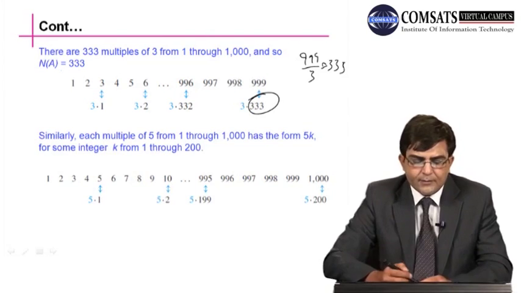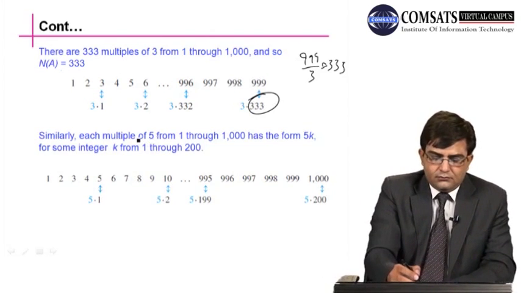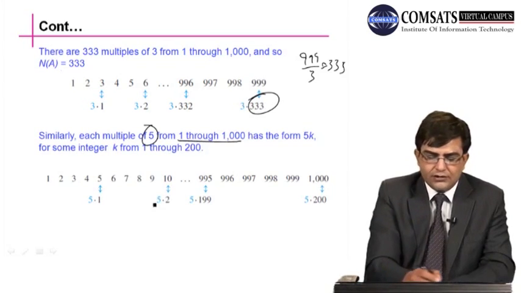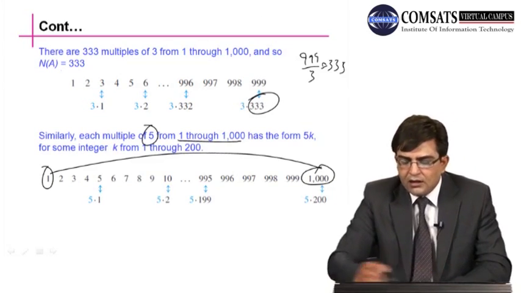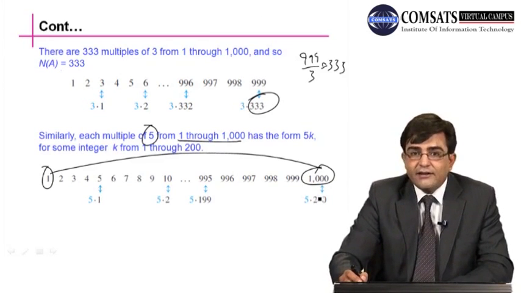Similarly, we can calculate multiples of 5, 1 through 1000. If we write from 1 through 1000 here, now 1000 is divisible by 5.